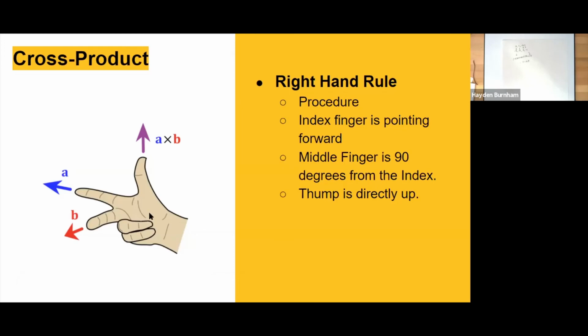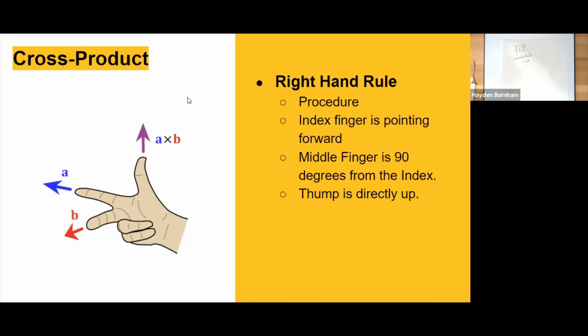Okay. So one of the important things to understand is something called the cross product. And it's kind of weird because it's kind of like the dot product, but what you have in the end is not a scalar. It's going to be a vector. And there's this simple rule or kind of trick to figuring it out. It's called the right-hand rule. The right-hand rule is really easy.